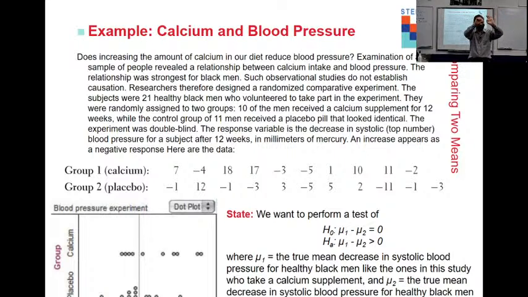If there is some strategy or way that they're clearly being paired, then we can treat it like a one-sample formula and do a paired t-test. If there are two separate samples, two-sample t-test. Again, there'll be some homework problems that will have you practice that. Any other questions? Okay.